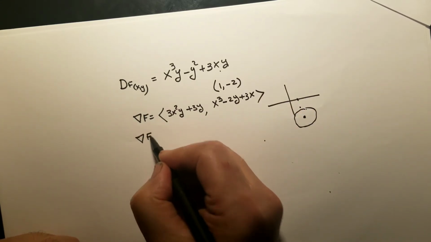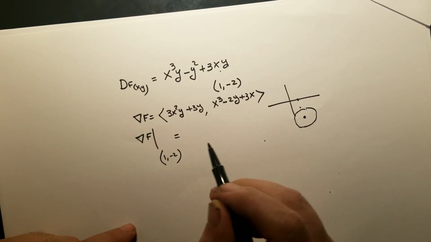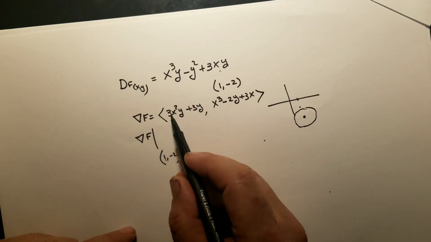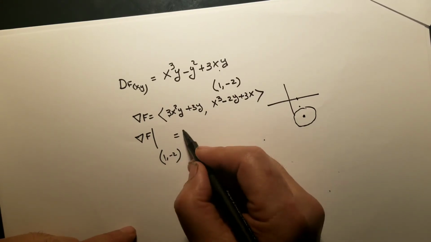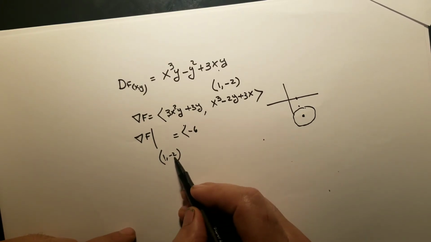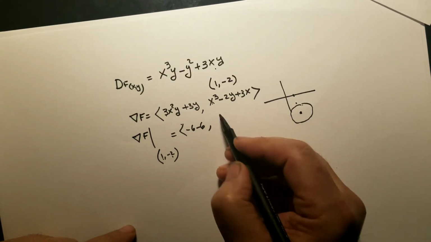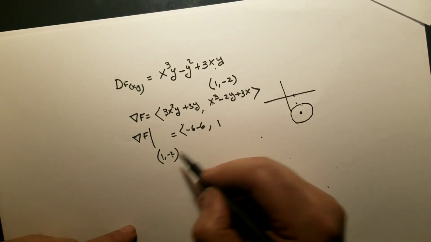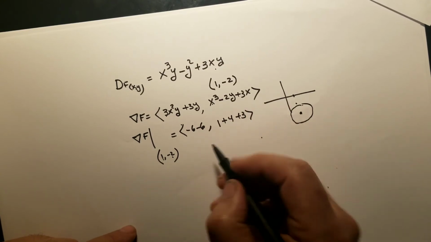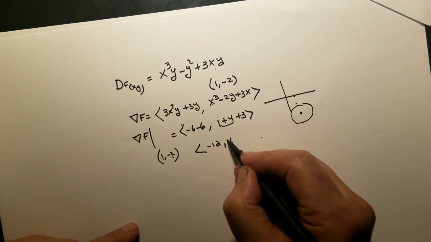You replace your gradient with the position the mayor gave you. 1 squared is 1, 1 times 3 is 3, 3 times negative 2 is negative 6. 1 cubed is 1, minus 2 times negative 2 is 4, and 3 times 1 is 3. And this is (-12, 8).